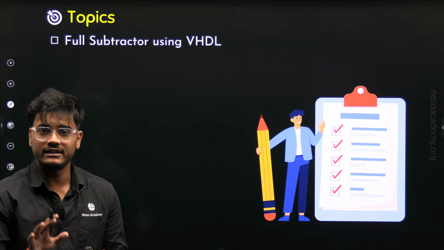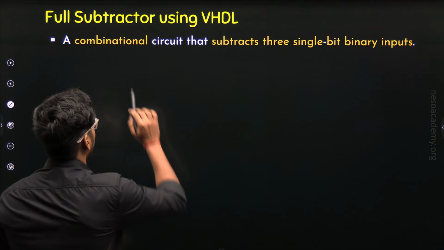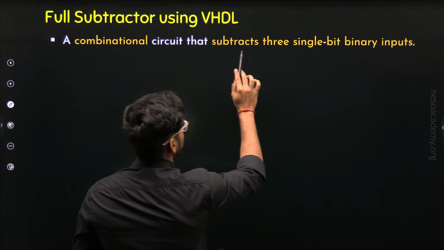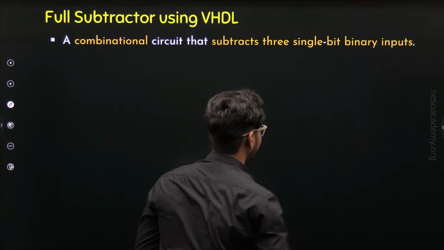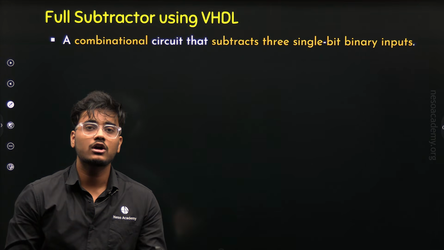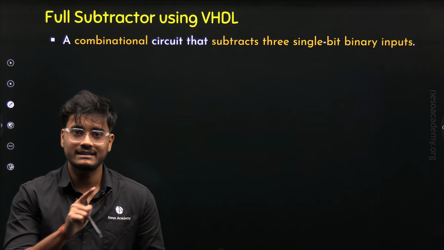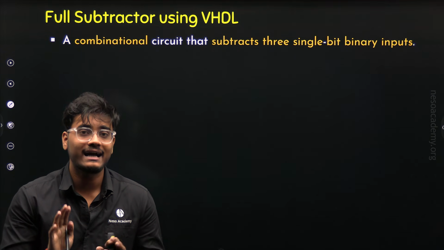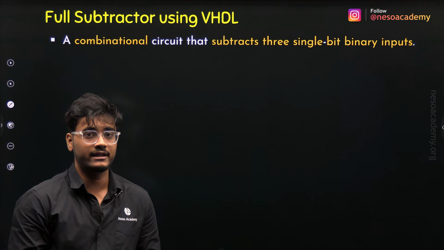Now, let's see the definition for full subtractor. A full subtractor is a combinational circuit that subtracts three single-bit binary inputs. Now, just like adders, full subtractor is also a combinational circuit, which means the outputs difference and borrow entirely depend on the three numbers that we are subtracting.